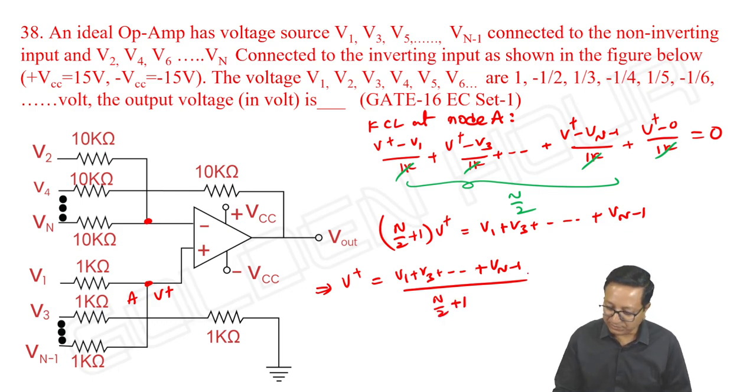The same thing we can take at the inverting terminal as well. V minus is equal to V plus. So V minus minus V2 by 10k, same story I am writing.